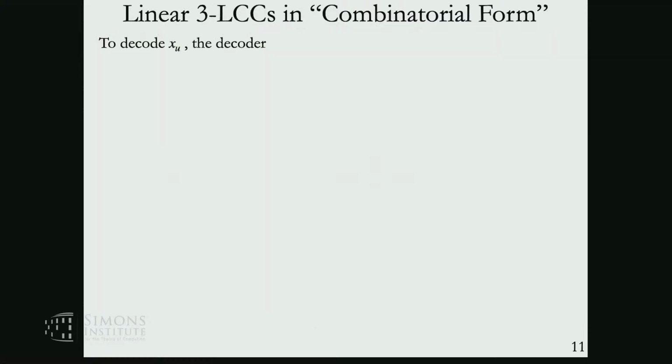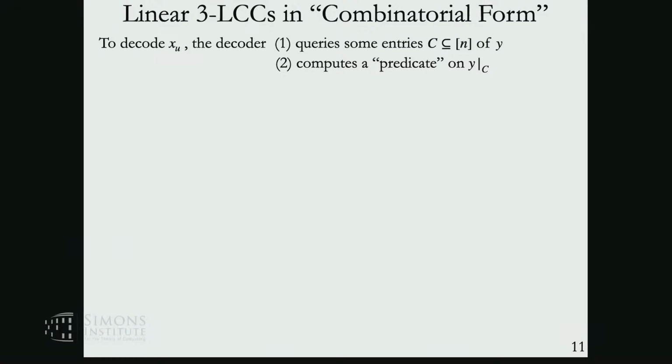Okay. Before I can get on with the proof, I have to first explain some combinatorial form for linear 3-LCCs, which is essentially the starting point of all the proofs. You can think about how the decoder is going to decode x sub u. For a linear code, you can assume the decoder is non-adaptive. So it's querying some entries of y, some entries c, and then it computes some predicate on c, and that will determine x sub u.